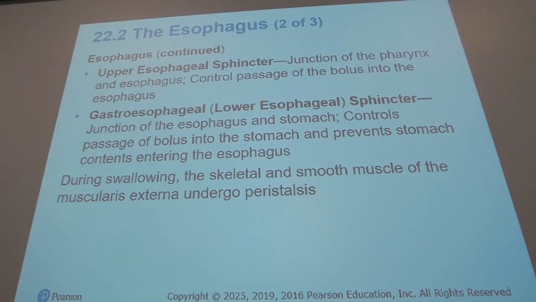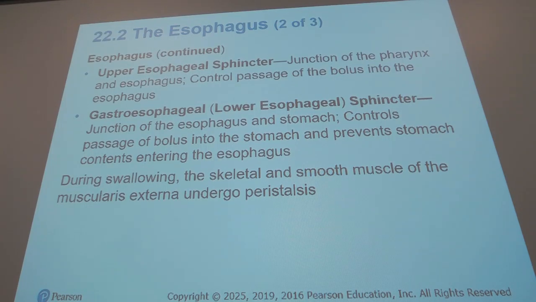If you remember, sphincters are circular layers of muscle around an opening that control the flow or passage of substances. So at the gastroesophageal junction, we have a sphincter that is called the lower esophageal sphincter, also known as the cardiac sphincter.